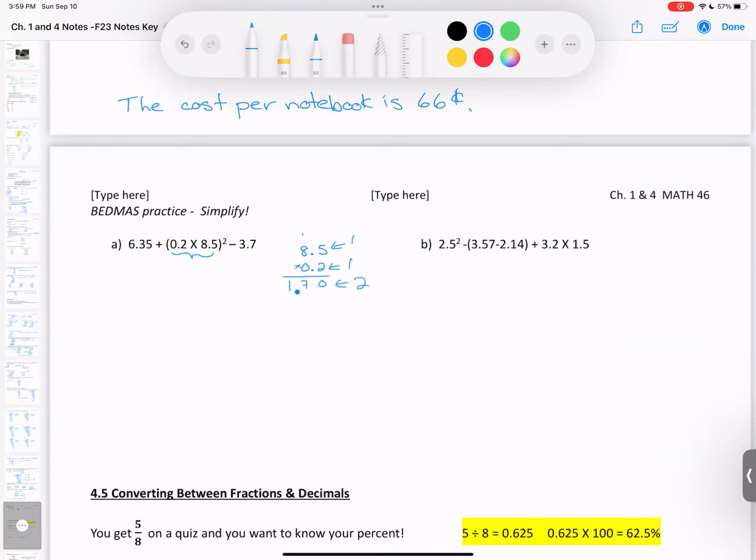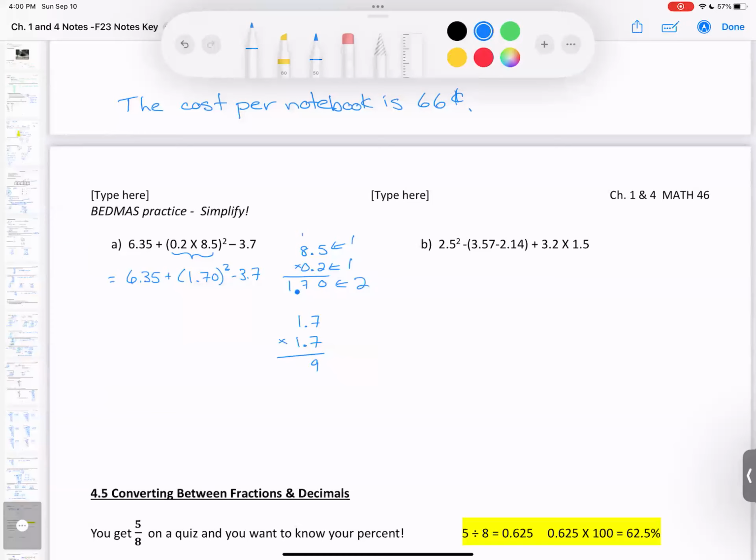So now let's funnel that down. So this is the same as 6 and 35 hundredths plus 1.7 squared minus 3.7. Okay, now, so we've dealt with our B, our brackets. Next thing we need to deal with is our exponent. So we've got 1.7 squared, which is the same thing as 1.7, you can add 0 if you want, but you don't need to, multiplied by itself.